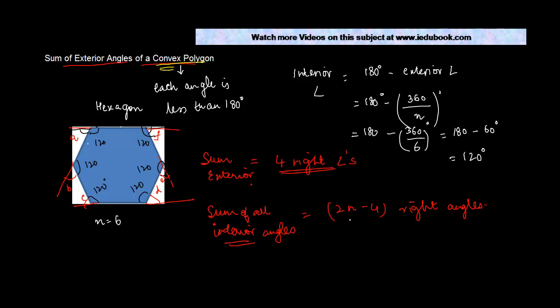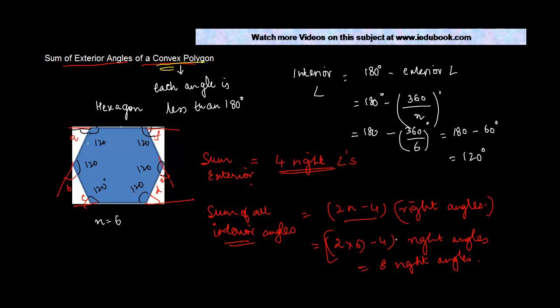So basically in this case what is happening is, again, it's a measure of right angles, but it is 2n minus 4. So let's say in a hexagon you had 6 sides, so this will be equal to 2 into 6 minus 4 right angles, which is 8 right angles.